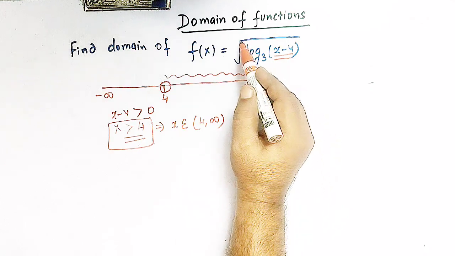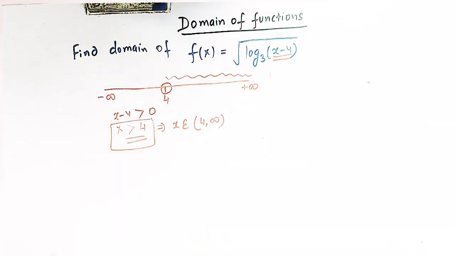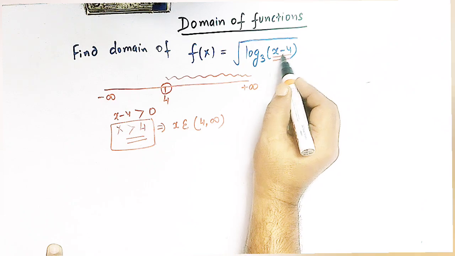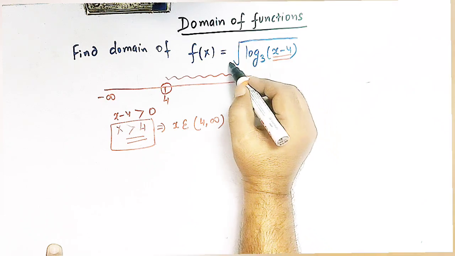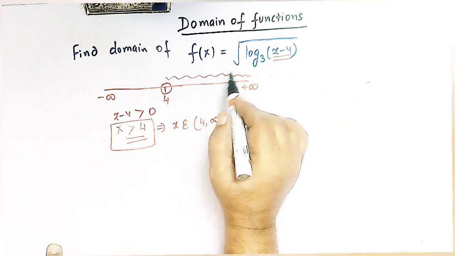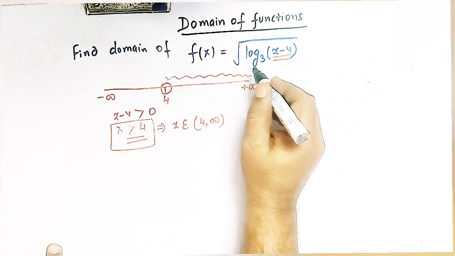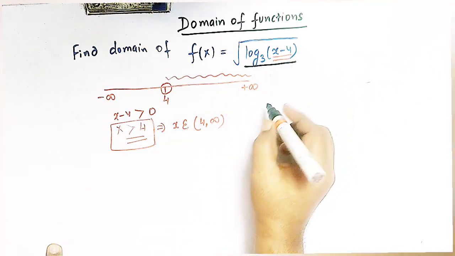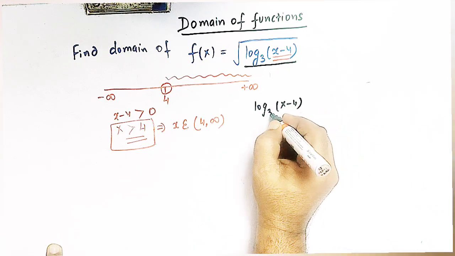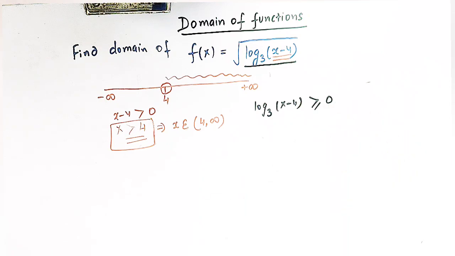Now let us see this square root sign. Consider this entire term, that is log of x minus 4 to the base 3, which is under this radical sign, that is the square root sign. The second step to define the domain of this function f of x is that this term, log of x minus 4 to the base 3, must be greater than or equal to 0.